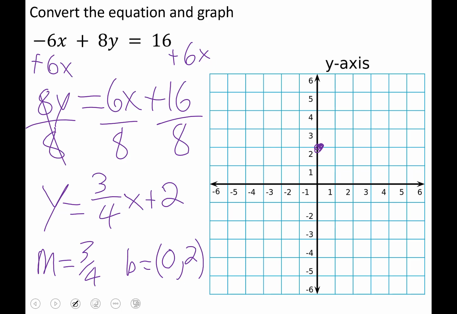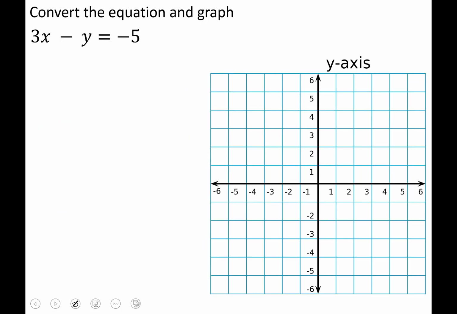And then I'm going to do my rise of 3 and a run of 4. And there's my dot. And I'm going to do backwards just to give myself another point. So I'm going to go down 1, 2, 3, 4 to the left, so making sure I still have a positive slope on my line.